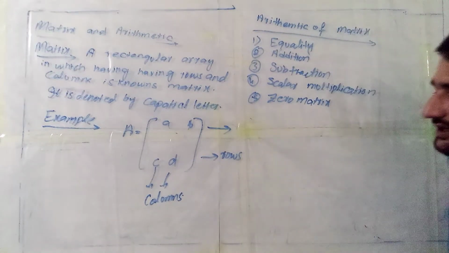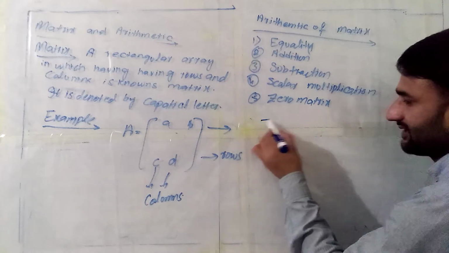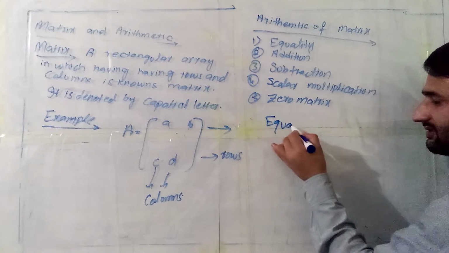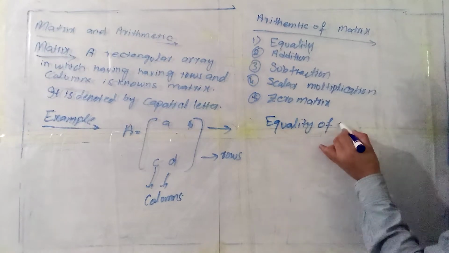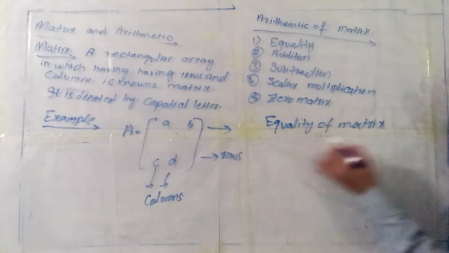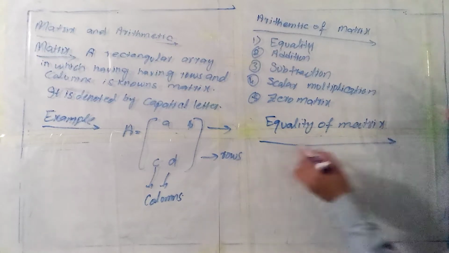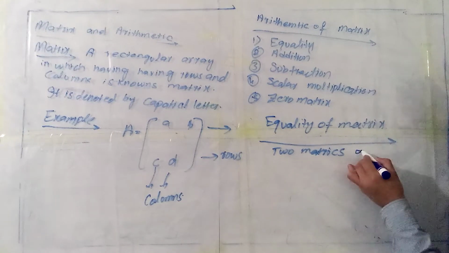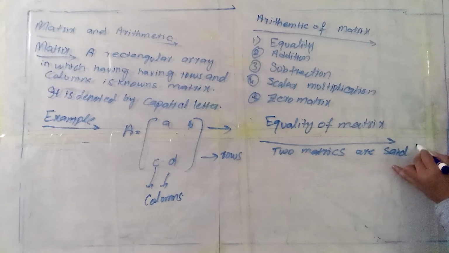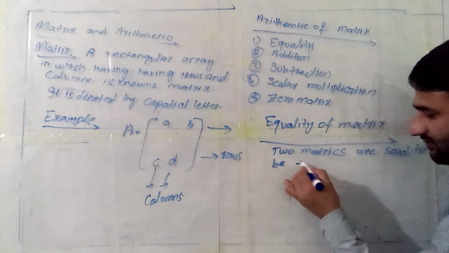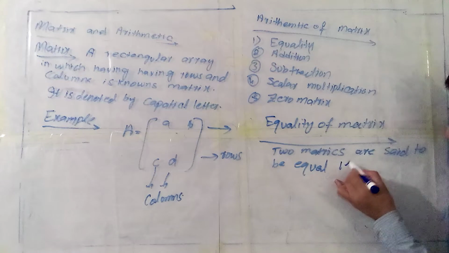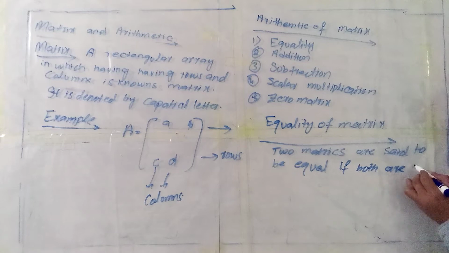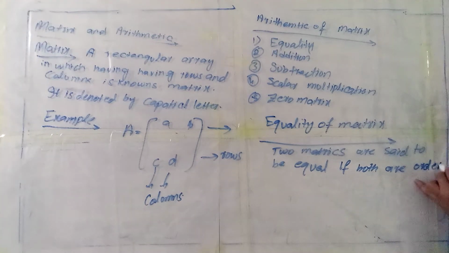First, I'm going to explain what equality of matrices is. Two matrices are said to be equal if both are of the same order.